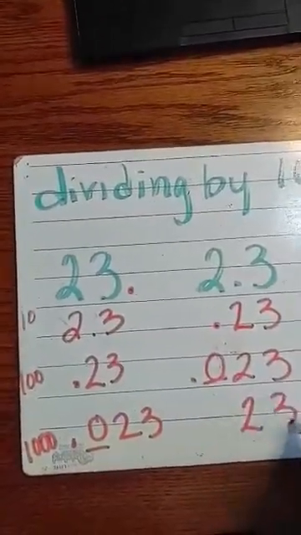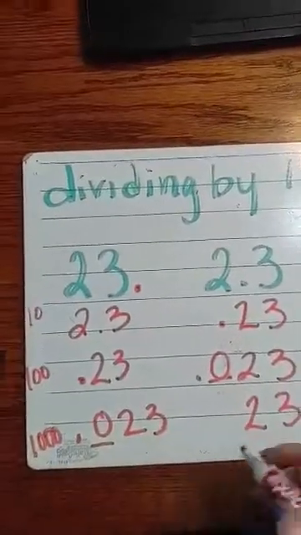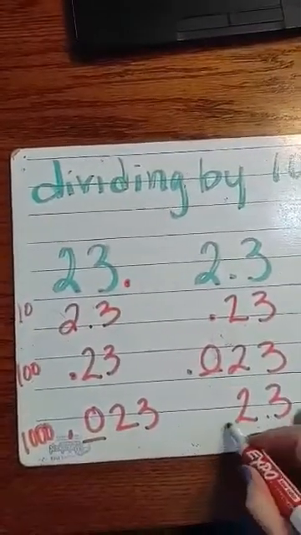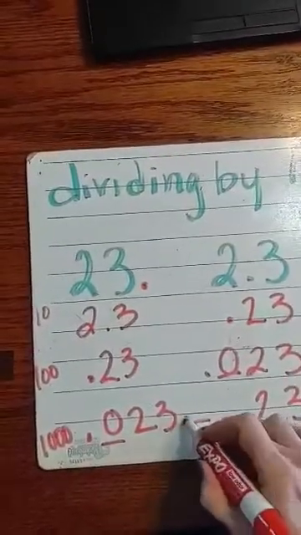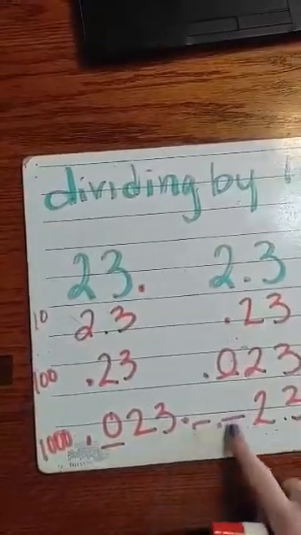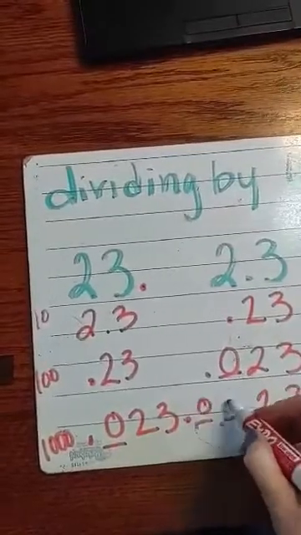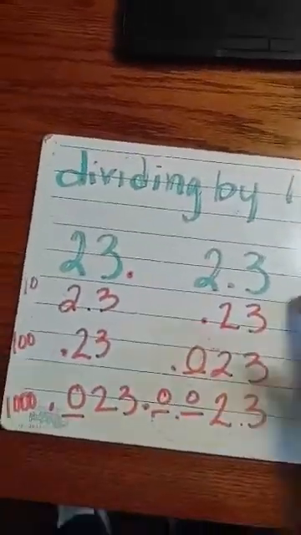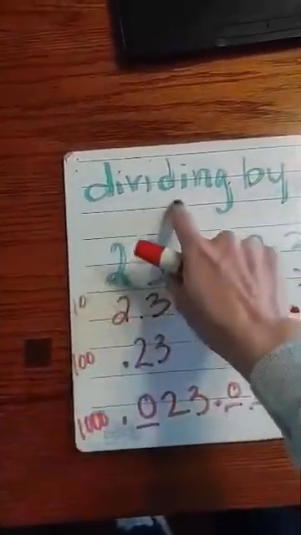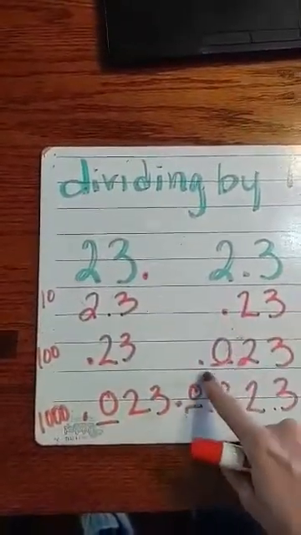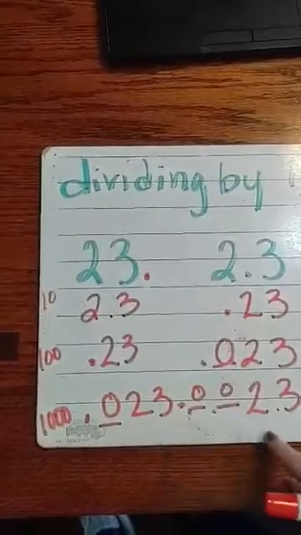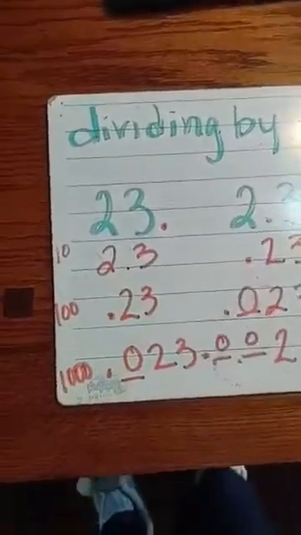And again, I have this number, and I have 3 zeros, so 3 places. Here's my decimal. 1, 2, 3. What do I fill in these 2 places? You got it, zeros. And notice I'm getting smaller numbers because I'm dividing. 0.23 and 0.023 and 0.0023 are all smaller than 2.3.